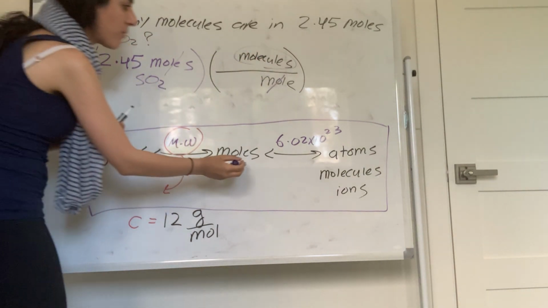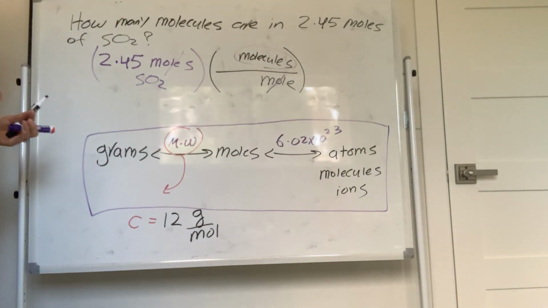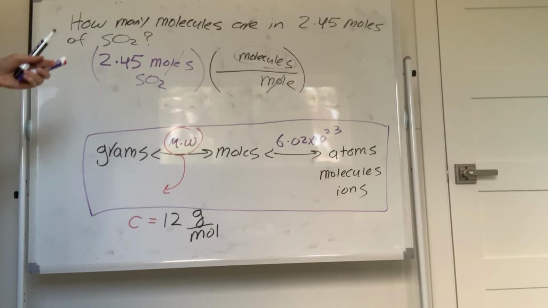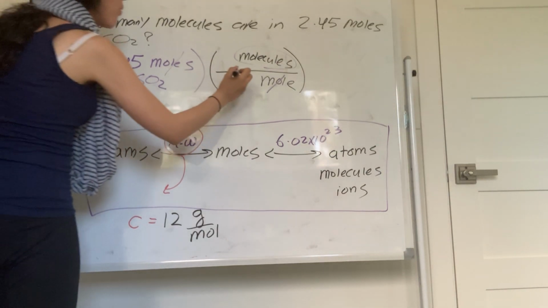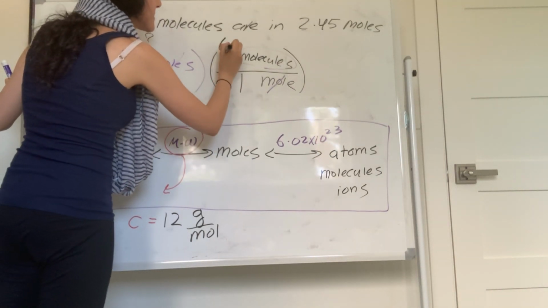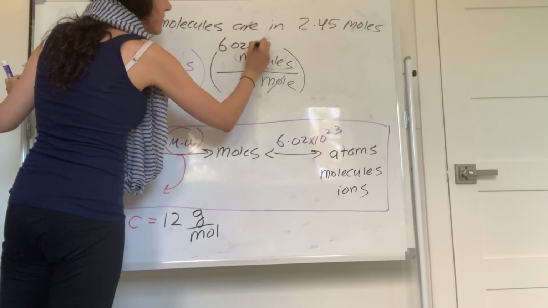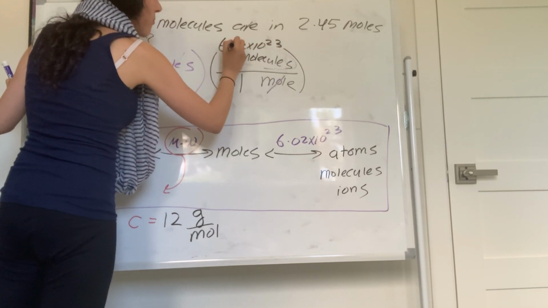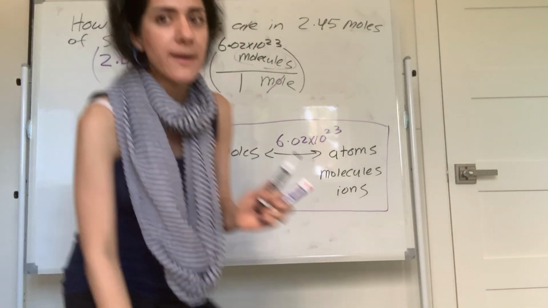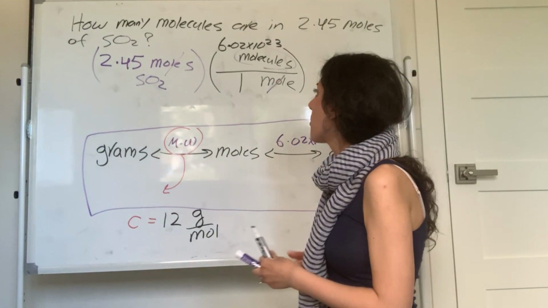Now, how do I go from moles to molecules? I use Avogadro's number. And now here's what I need you to really remember: Avogadro's number is always for 1 mole. 1 mole is 6.02 times 10 to the 23rd molecules. So I need you to remember that Avogadro's number is always for what?